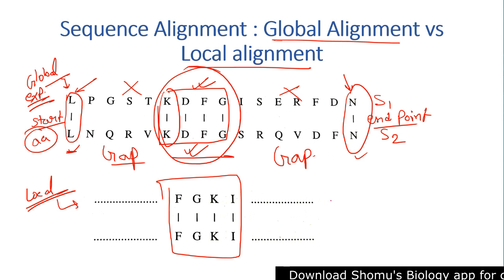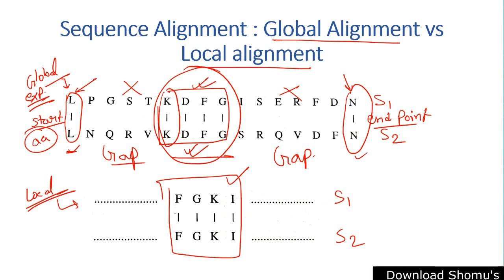Same example, same sequence, but when we look at ungapped regions, we found only these 4 amino acids in the center which have similarity. The rest of the sections don't have any similarity. So this is known as local alignment. Local alignment is always looking at ungapped regions.